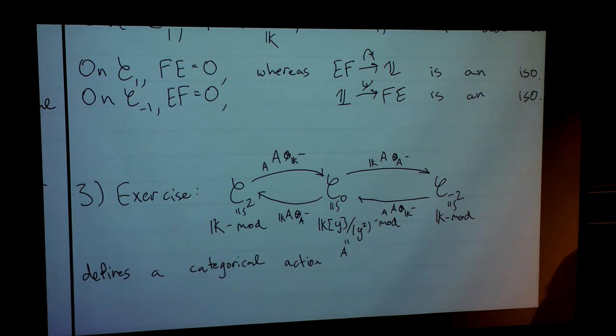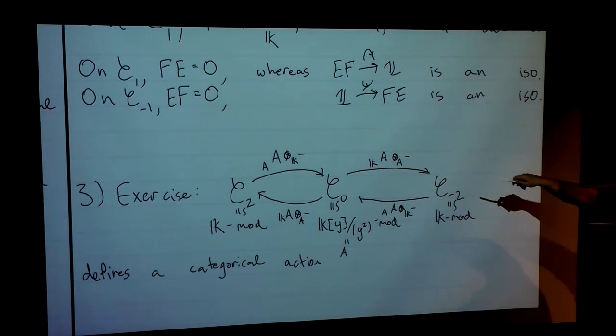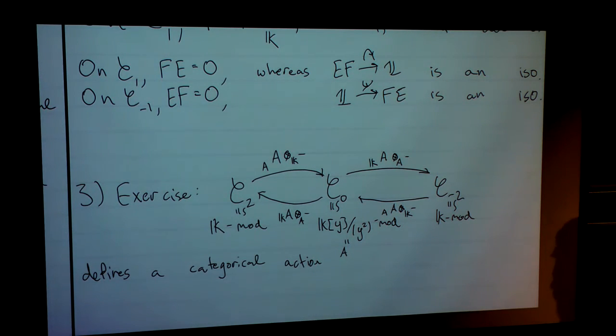Again, it doesn't matter what they are, with the functors E and F being the only tensor products that make sense. I think you should be able to check by hand that this gives you a categorical action.